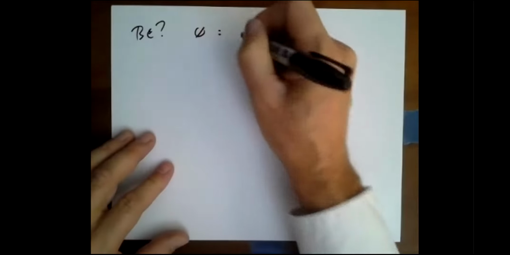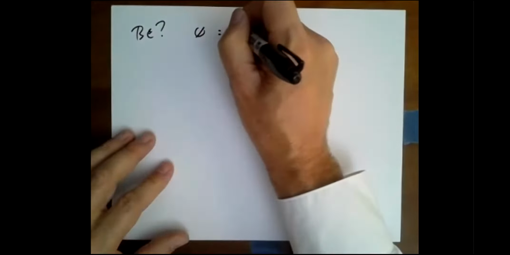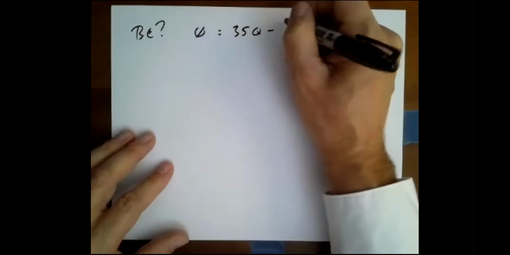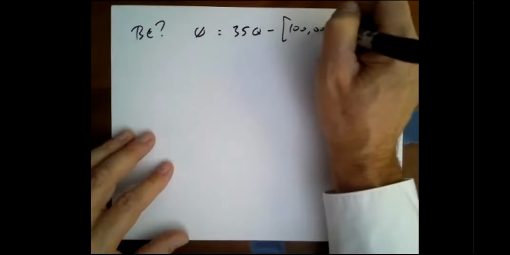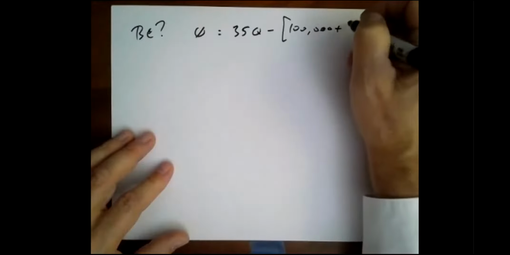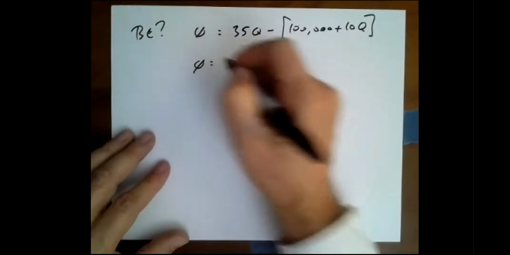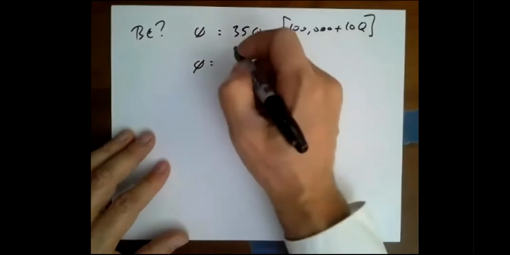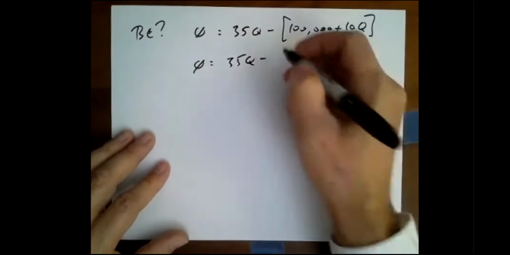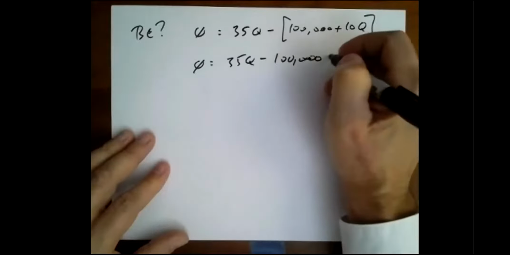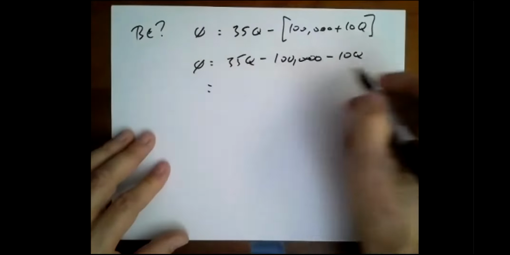So coming back here, okay, so we say, all right, what is our new break even? Well, we need to set profit equal to 0. We say total revenue is now 35 times Q minus our fixed costs, which are still 100,000, and our variable costs are still 10. So we now have to solve for a new break even. I'm going to distribute the negative, and then I'll consolidate terms.